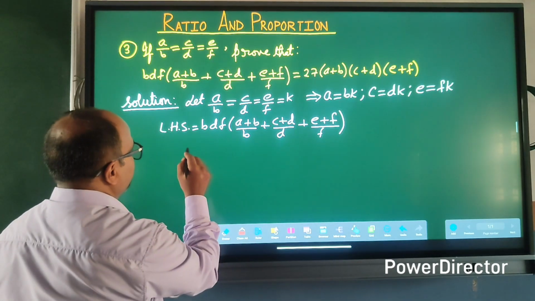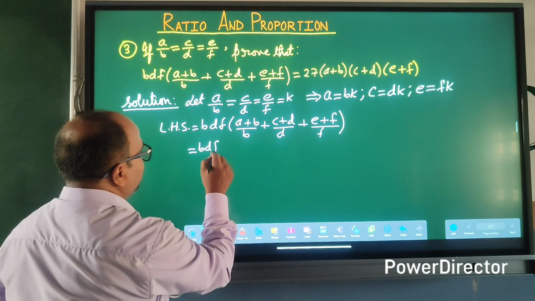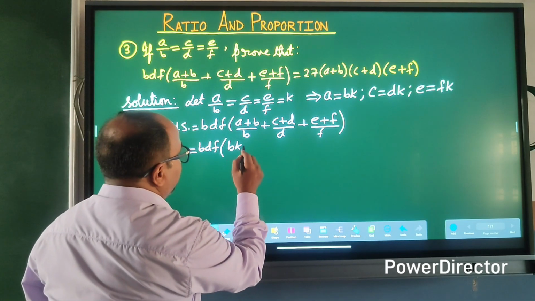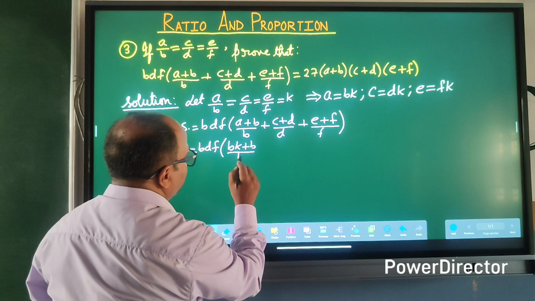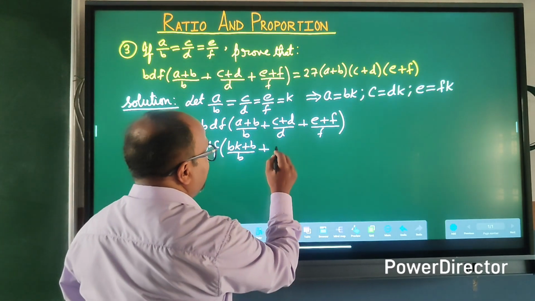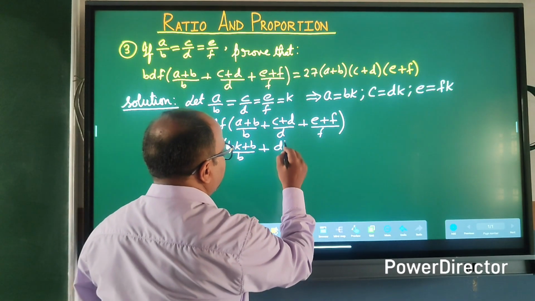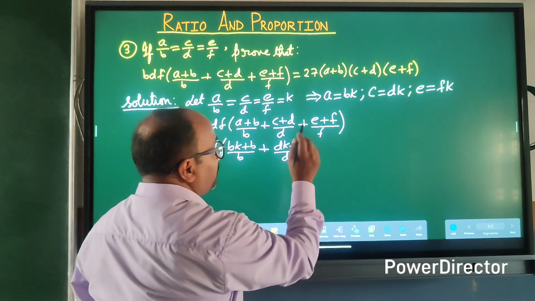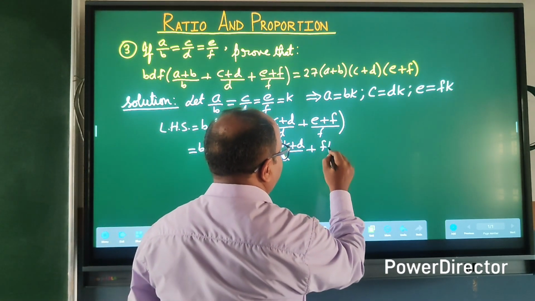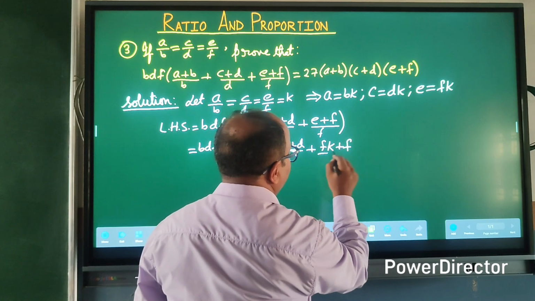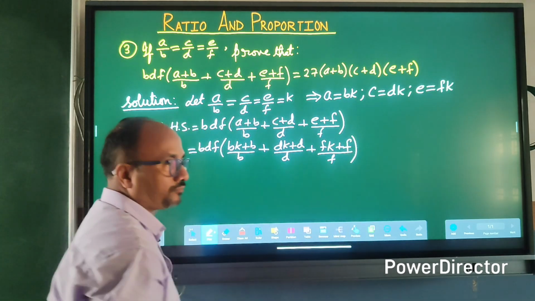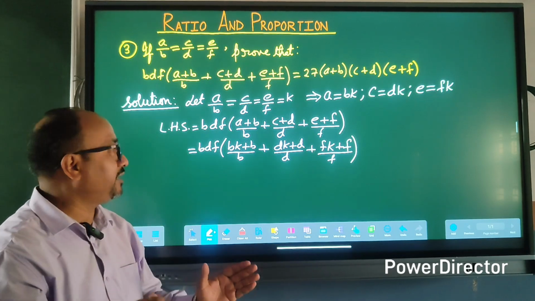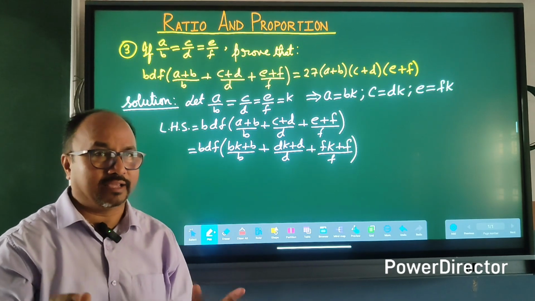BDF cannot be substituted, so it is written as BDF. For A, I will write (BK plus B) by B. For C, I will write (DK plus D) divided by D. And for E, I will write (FK plus F) divided by F. So we have substituted the values, and now we have everything in terms of B, D, F and K.